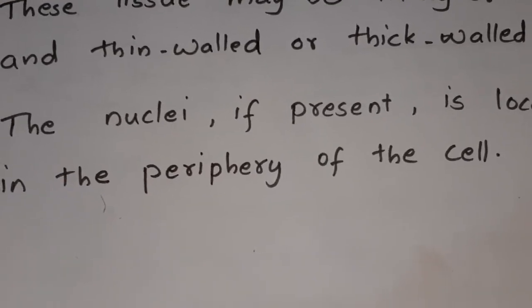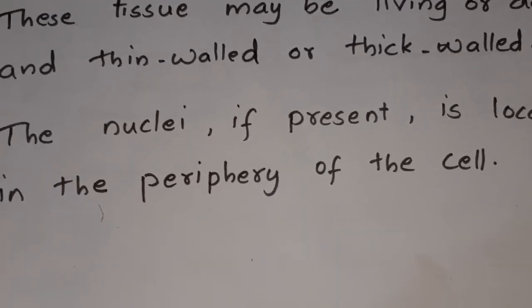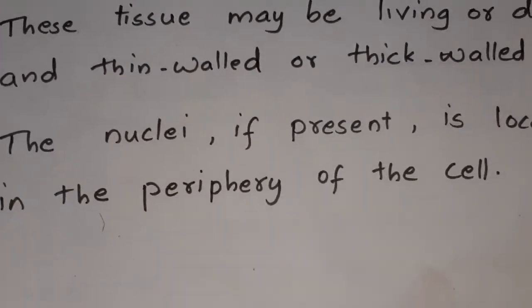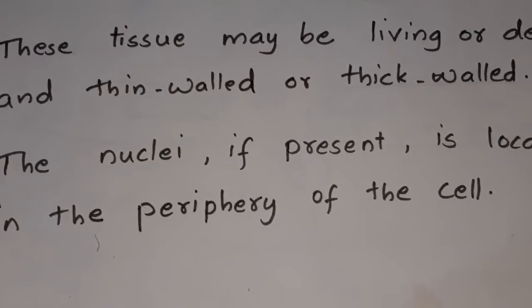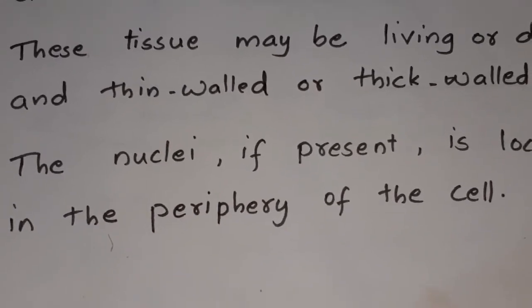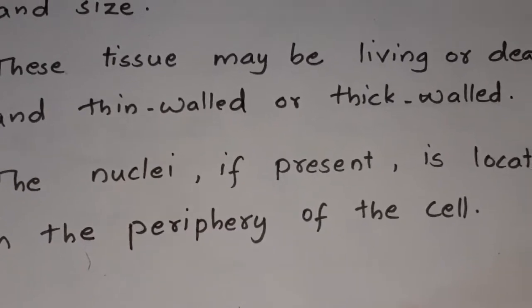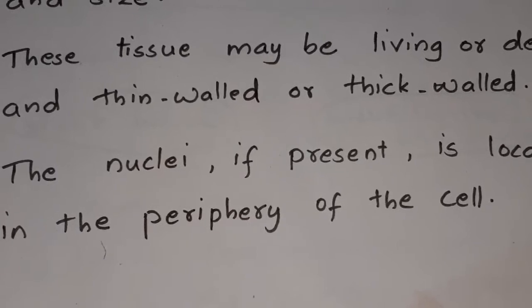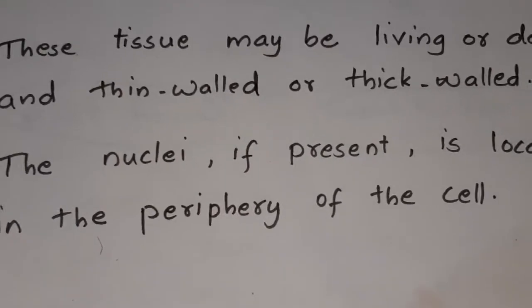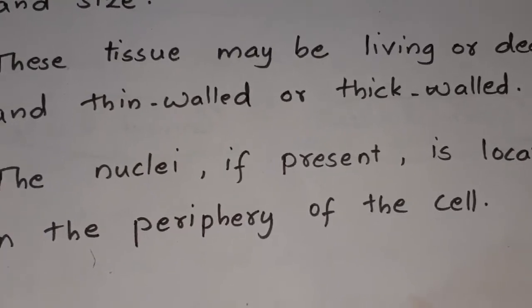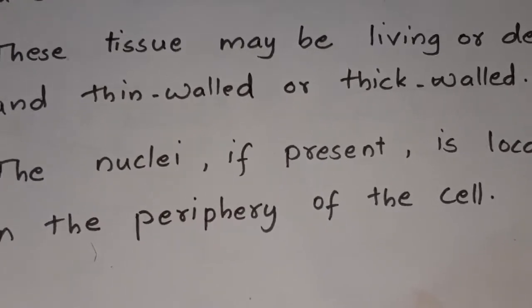Because in a plant cell, the vacuole is very large. This is one property, a speciality of a plant cell. The vacuole is very large. So this vacuole will push the nucleus into the side of the cell. That is why it says the nucleus, if present, because in some cells the nucleus will not be there. If present, it is located in the periphery, the sides of the cell.